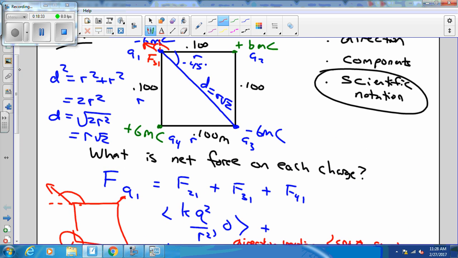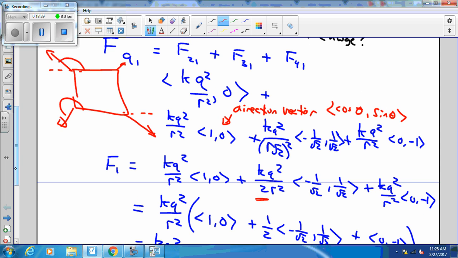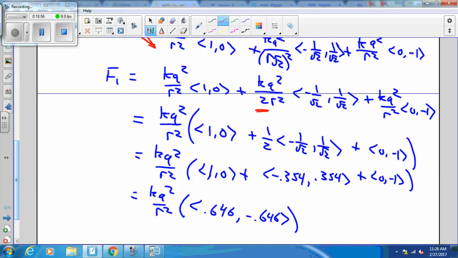Way back when we found the distance from here to here, we found that distance is equal to R root 2. And when we square that distance, we get 2R squared. Or another way of putting it: when you factor out the R squared, you're left with 1/2. Yeah, exactly. So as I go from here to the factored out form, I get 1/2, just like that.